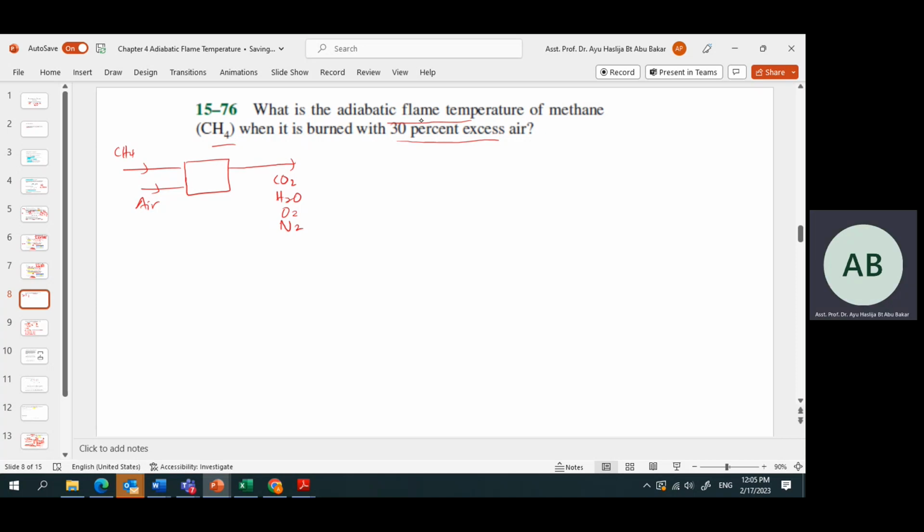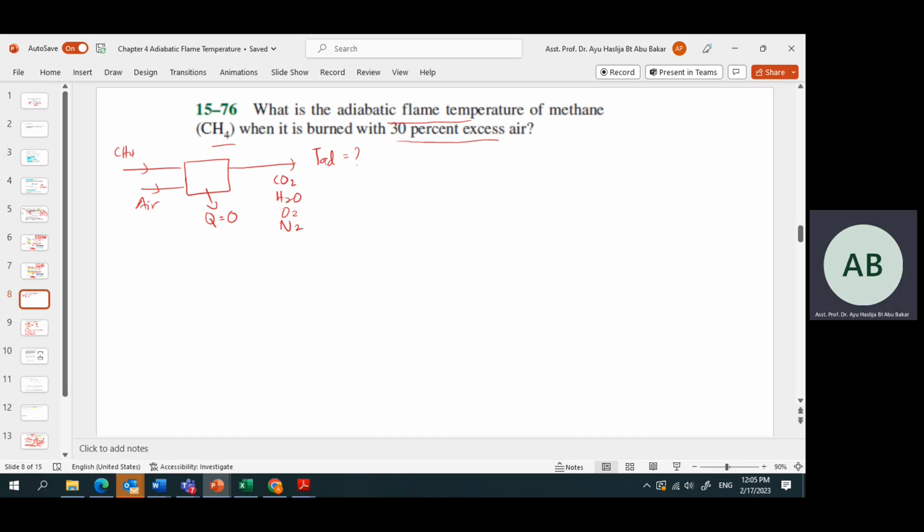Adiabatic flame temperature, so T adiabatic when Q equals 0. This question doesn't give you the inlet temperature, so we can assume room temperature, which is 25 degrees C. If it doesn't give you any info for the inlet temperature, you can assume on your own.